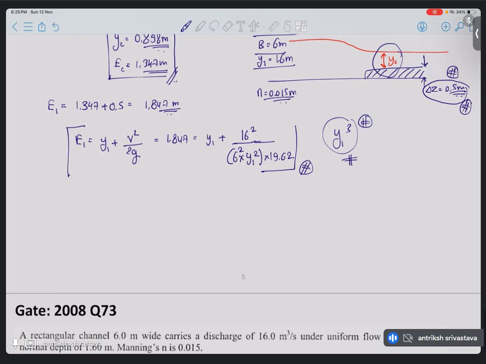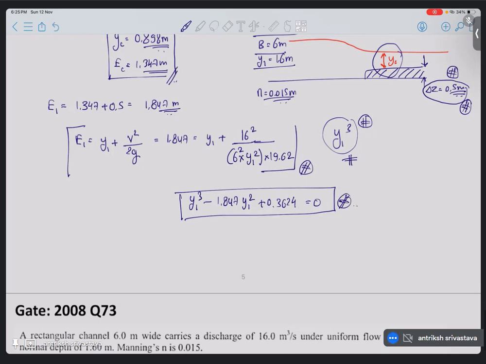So the cubic equation that we are going to get for this y1 is y1 cube minus 1.847 y1 square plus 0.3624 is equal to 0. So this is the y1 cube.